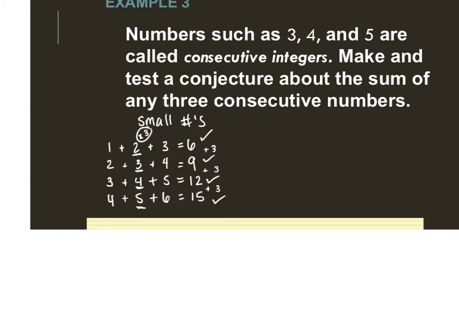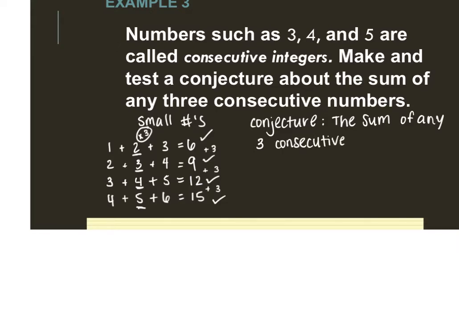So the conjecture that we can make is the sum of any three consecutive integers is 3 times the second number.